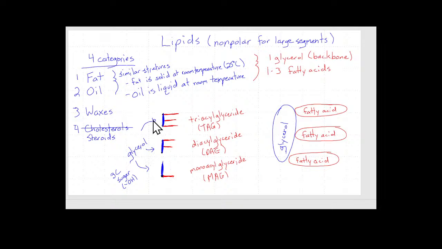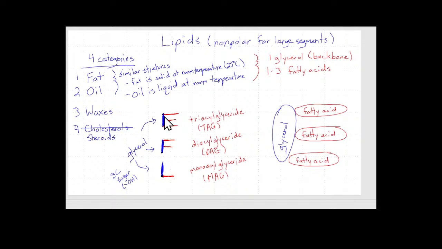The 3 hydroxyl groups pointing out from the glycerol can be lined up in such a way that the 1 to 3 fatty acids are pointing in one direction.